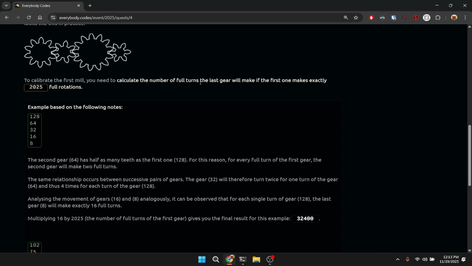Think of it like this: you take a gear with x teeth, and you ask yourself something like, if this turns once, then the gear with 2x teeth turns a half times, I guess.